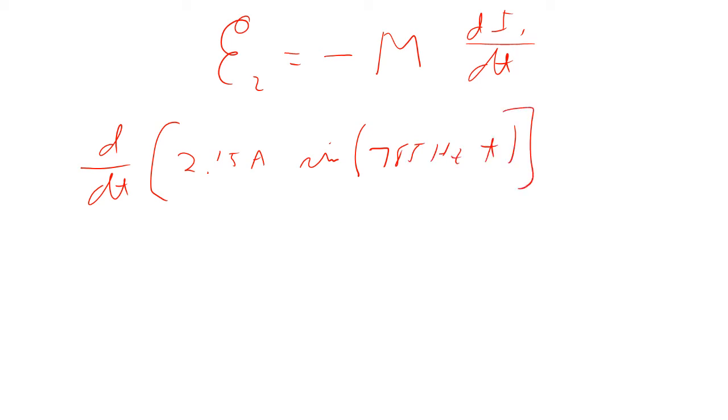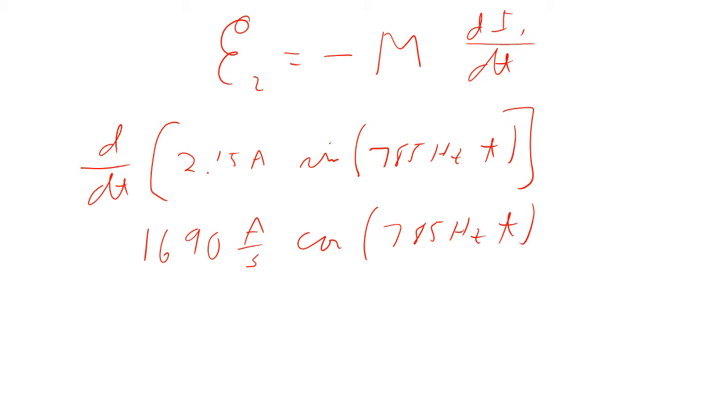The derivative is now going to be equal to 1690 amps per second times the cosine of 785 hertz t.